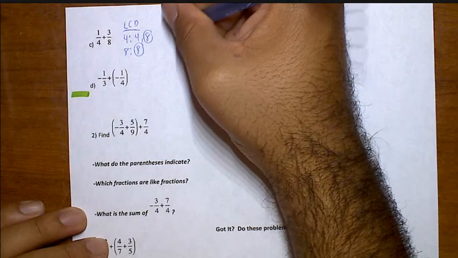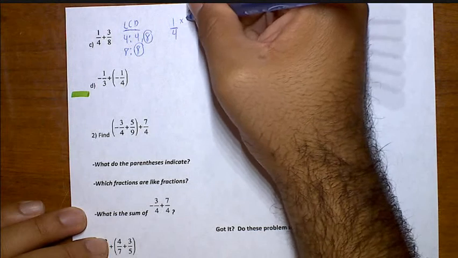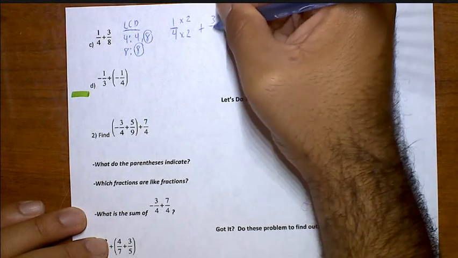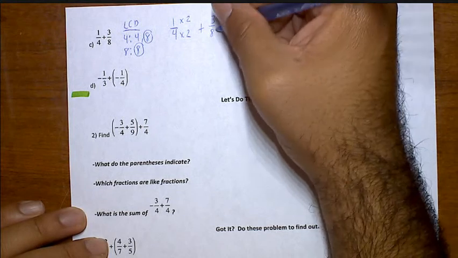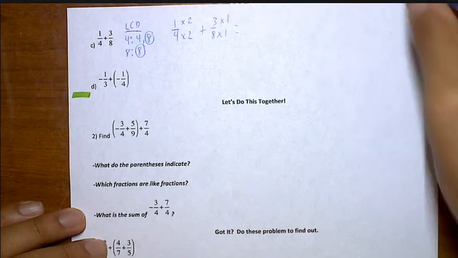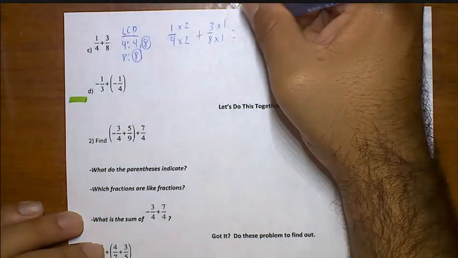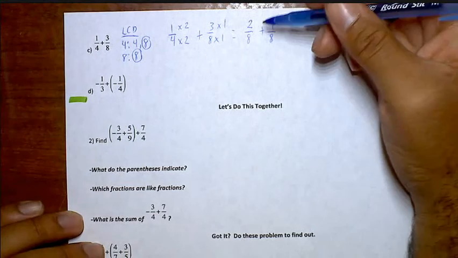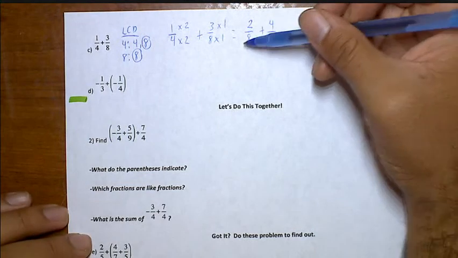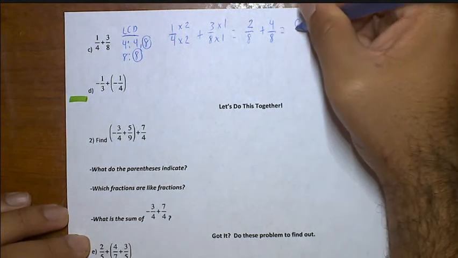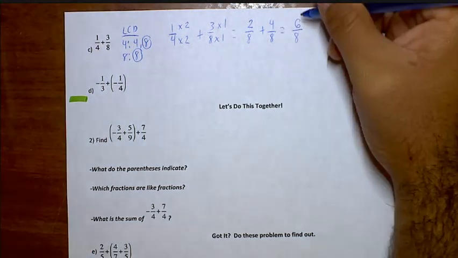Now I have common denominators, which means I can add the numerators together to get 6 over 8. Oh, I apologize. Going back. Sorry. 3 times 1 is 3, not 4. Erase that. Sorry about that. Writing it again. 2 plus 3 gives us 5/8, which happens to be our final answer.